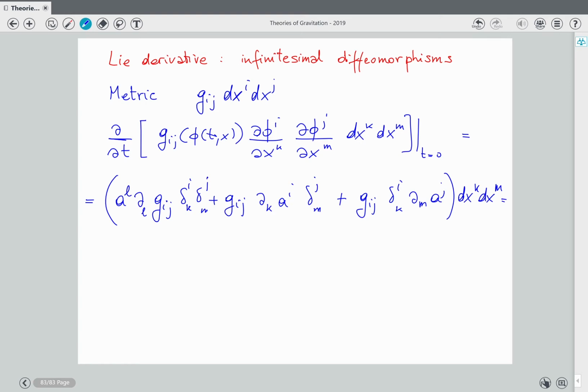So, what do we have? AL partial L gij. Let me collect dxi dxj. Then here you have g, I is saturated, so L partial k partial becomes I, a L, j becomes m, that's okay, j.